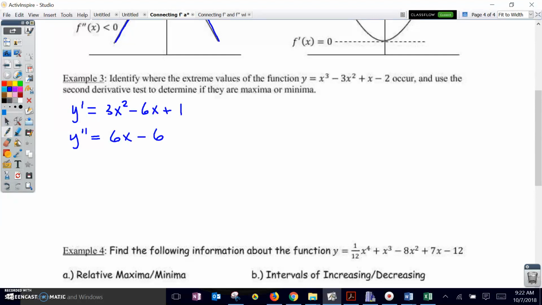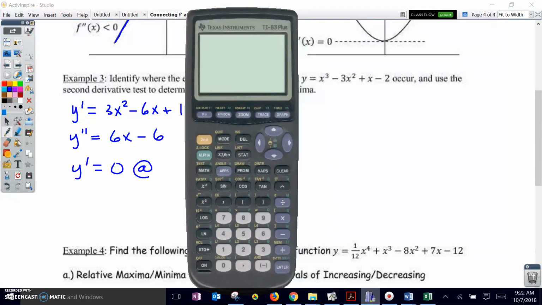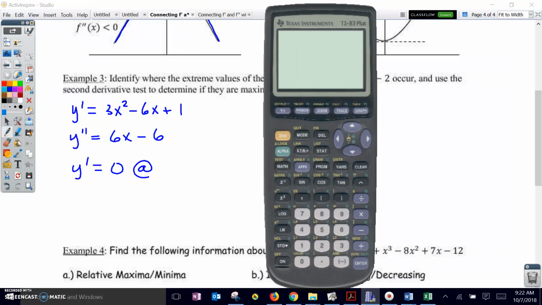Okay, now I need to find out where the first derivative is equal to 0. I could go ahead and use the quadratic formula for this, or if I'm lazy and I have a calculator handy, I can go ahead and solve this equation on my calculator. So we'll punch up that first derivative, and we will find the zeros of that first derivative.